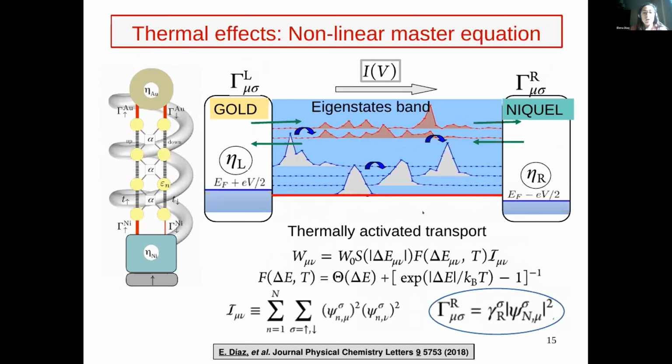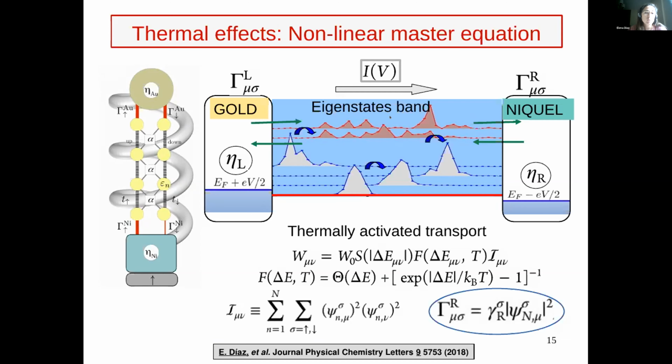So because we have introduced disorder, our eigenstates would look like that, and the low energy states will be more localized than the higher energy ones. In order to have the electron propagation from one contact to the other, we will need some hoppings between these states.